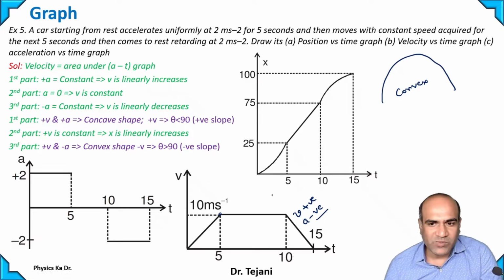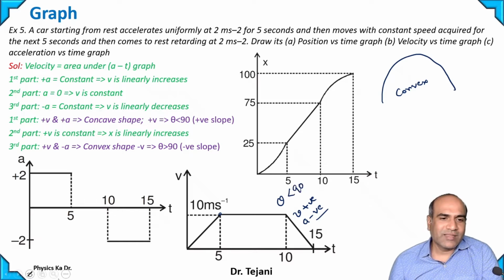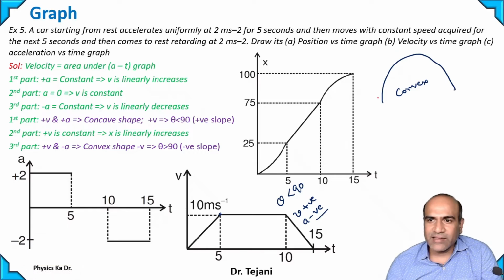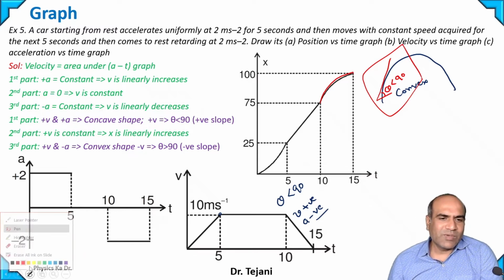And if velocity is positive, theta should be less than 90 degrees. So which side is required? See this side. If you do this, theta is less than 90 degrees. Therefore, this graph is required. Isn't it very simple?